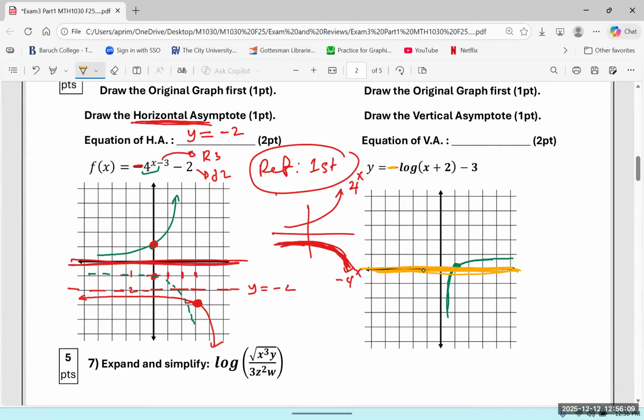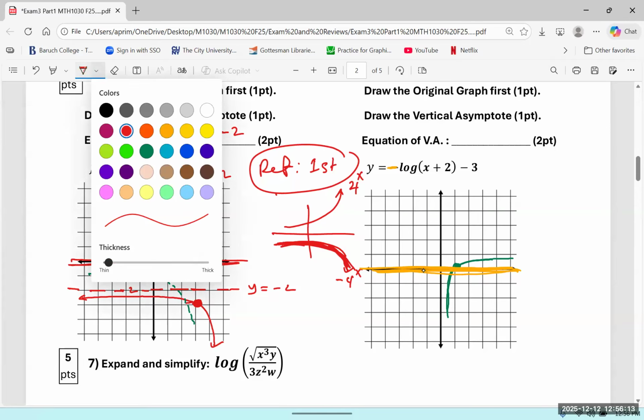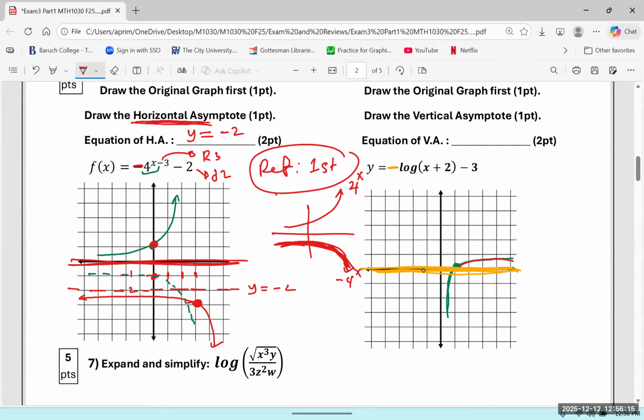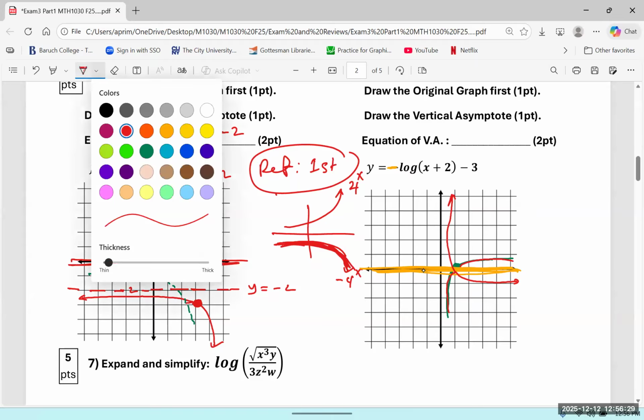So if you try to reflect your graph about the x-axis, what happens is this. This portion of the graph goes below the x-axis, and this portion of the graph goes above the x-axis. That's how you reflect about the x-axis. The top goes on the bottom, the bottom goes on the top.